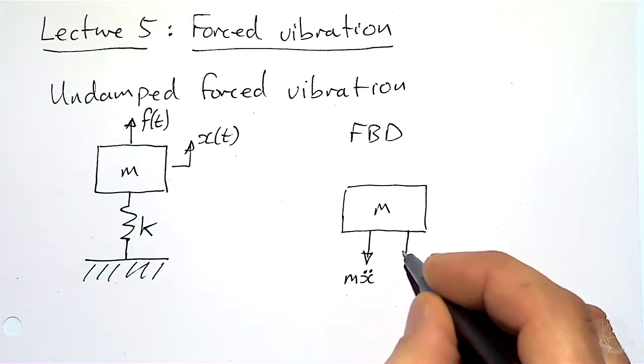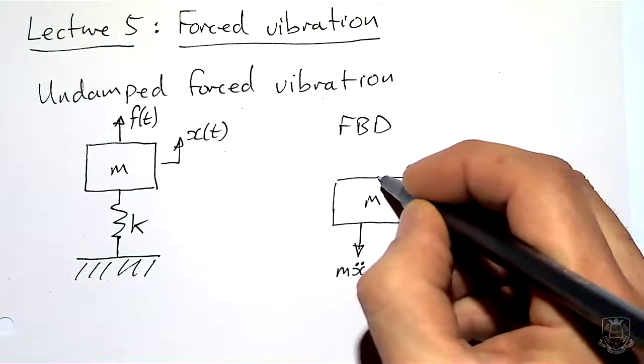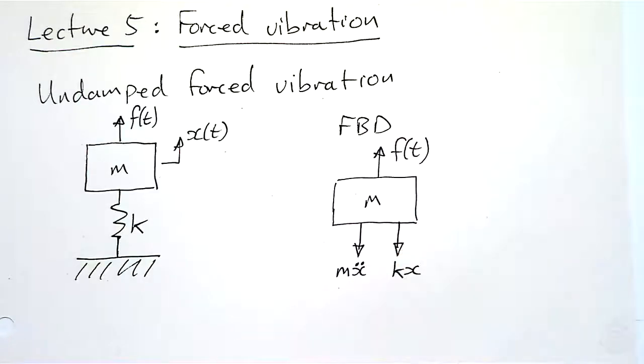There's also a spring force which is trying to resist it, which is k times x. But there's also this additional force F of t in this case, which is acting on the mass. The way I've drawn that in the diagram is that at the moment that's acting upwards. Okay, so that's our free body diagram for our mass.